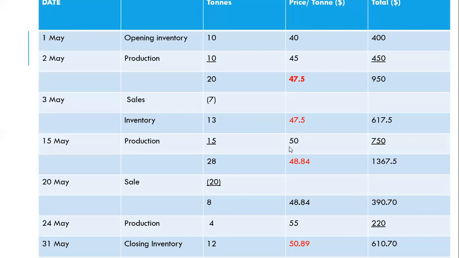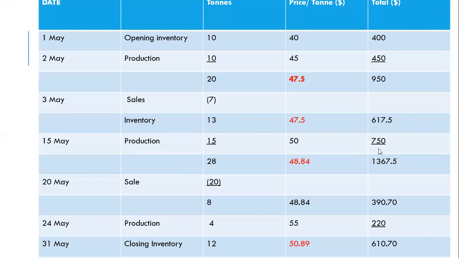Incidentally, on 15 May, we produce again 15 tons at $50 per ton. So we have a new opening inventory of 617.5, and additional inventory of 50 times 15, which gives us 750. Since we have another batch, we have to recalculate and get another average price.